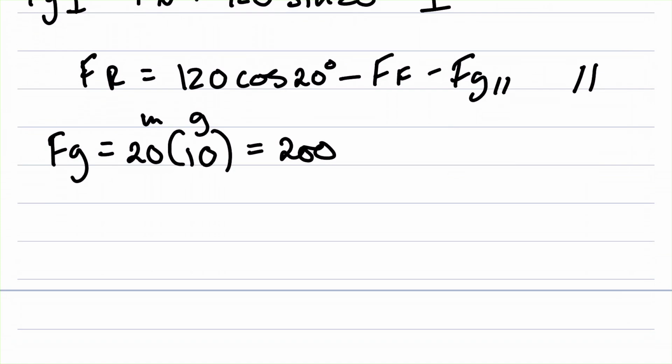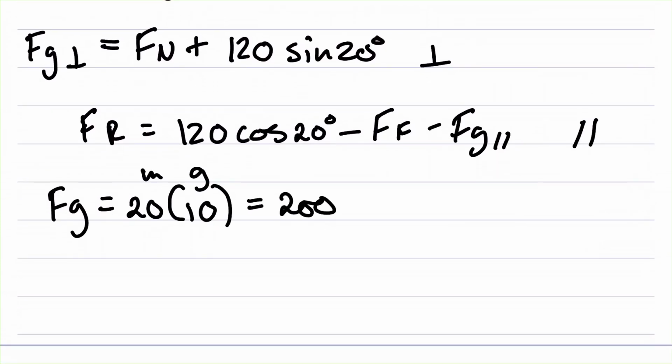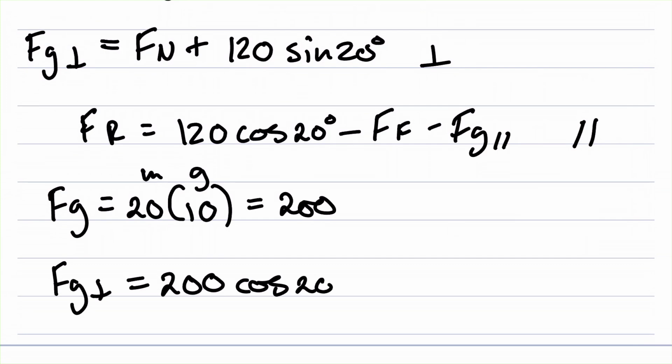So Fg perpendicular is going to be equal to 200, which is our Fg, times cos 20 degrees. So that's this part here.